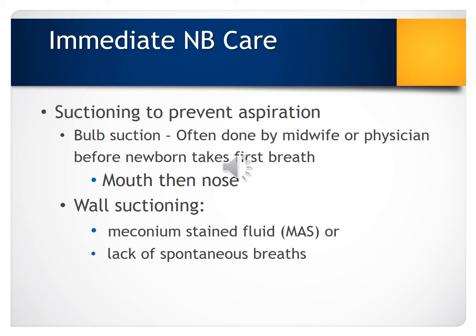We do this suctioning at the perineum before that first breath because we want to prevent MAS, or meconium aspiration syndrome, which would lead to major problems for the respiratory system if the baby aspirates meconium. We also do suctioning if there's a lack of spontaneous breath as a way to stimulate the newborn into realizing that it needs to take a breath.